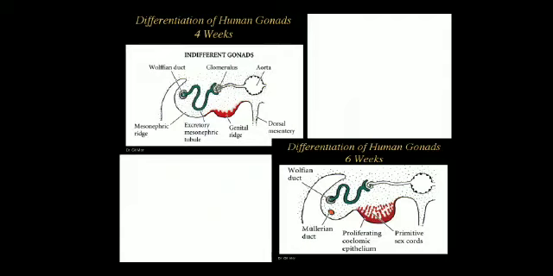And one more thing, it has a gene which forms Mullerian inhibiting substance. If this substance is produced, it inhibits the Mullerian duct. When there is inhibition of the Mullerian duct, the result will be male.